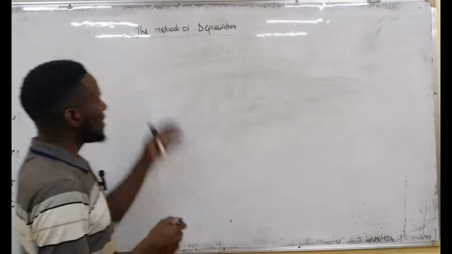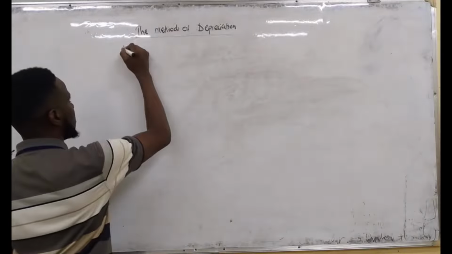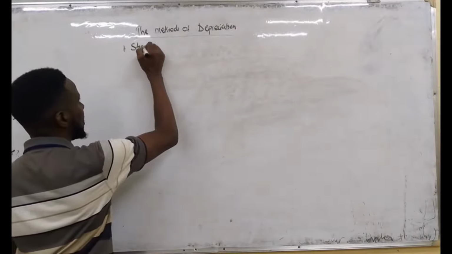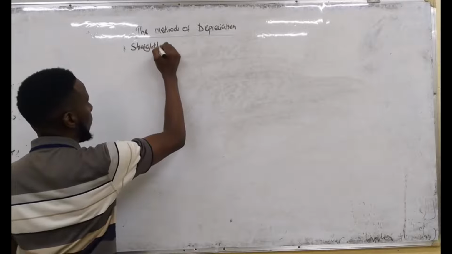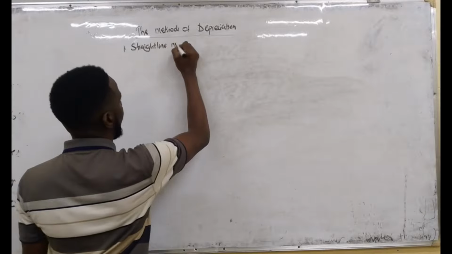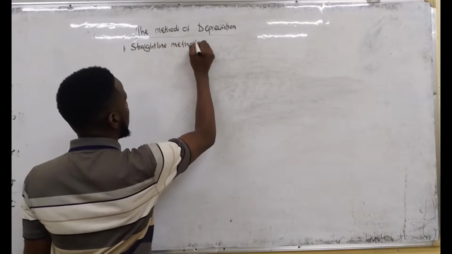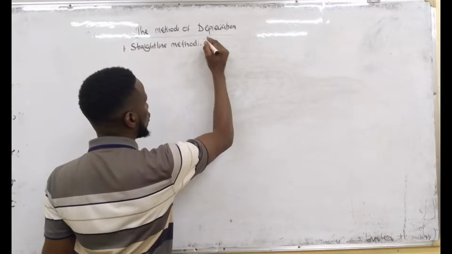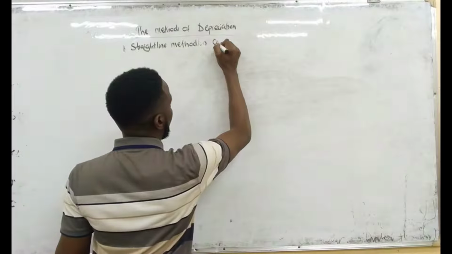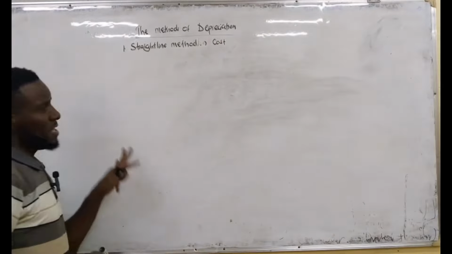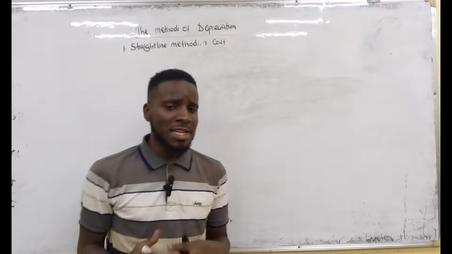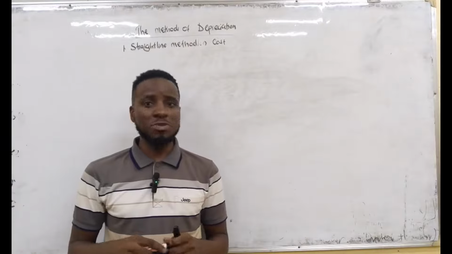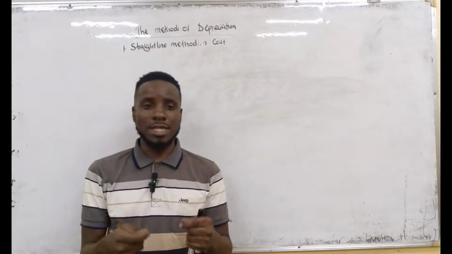Now, when it comes to the methods of depreciation, one, we have what they call the straight line method, sometimes called on cost. The straight line method is a method whereby the depreciation charge is constant every year.